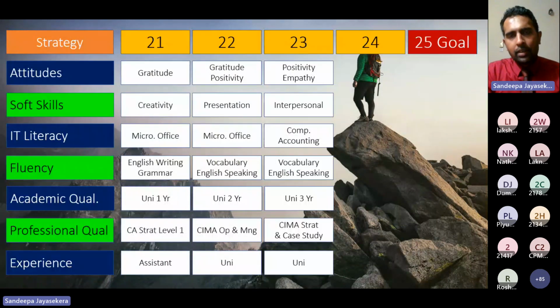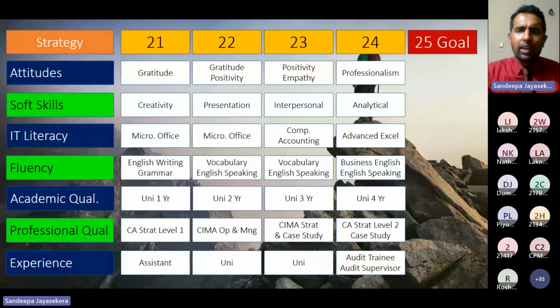Then by the age of 23, I was a little matured, and I was improving myself on empathy, understanding the feelings of others. I put myself into others' perspectives, tried to understand their state and help them, developing interpersonal skills with group activities. We did computerized accounting in our accountancy course program. I completed my professional qualifications, and we started our internships as well.